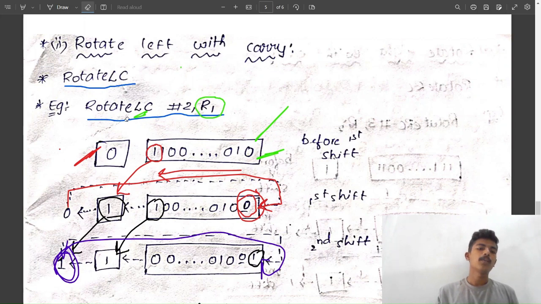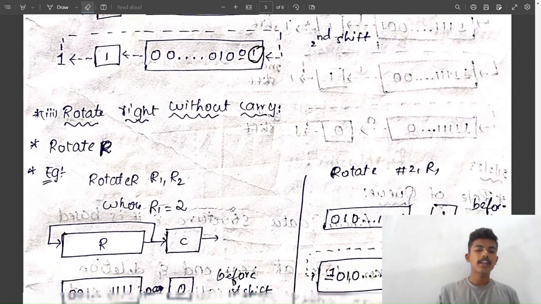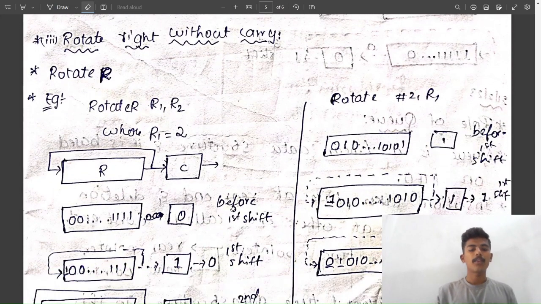Until now we have seen rotate left without carry and rotate left with carry. Now we will see rotate right without carry. Similar to rotate left, here we are performing the rotate operation without carry towards the right. Here we are taking two registers R1 and R2, where R2 is equal to 2.